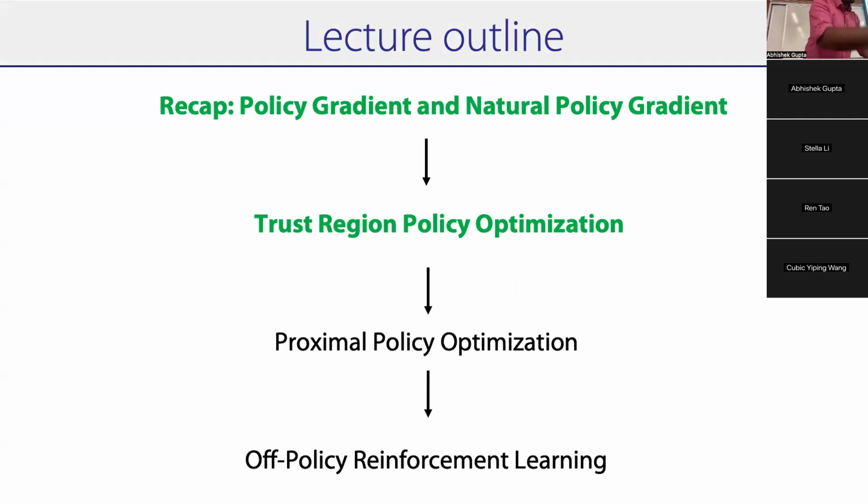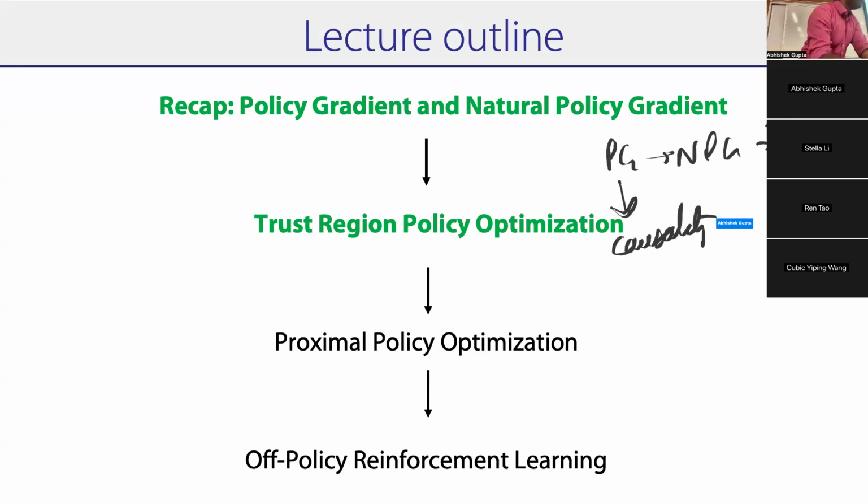Okay, so we covered a lot of stuff. Let's make sure we're on track, right? So we did PG to NPG to TRPO. And then we said we're going to reduce variance with causality. So we're going to do reward-to-go, ignore things in the past. And we're going to remove things with baselines, right?